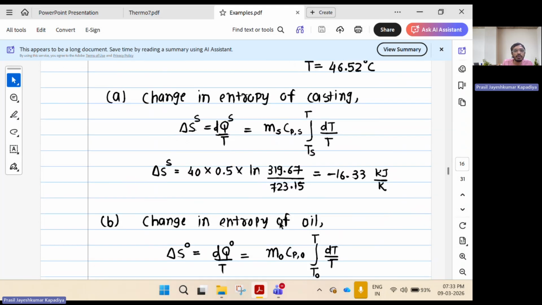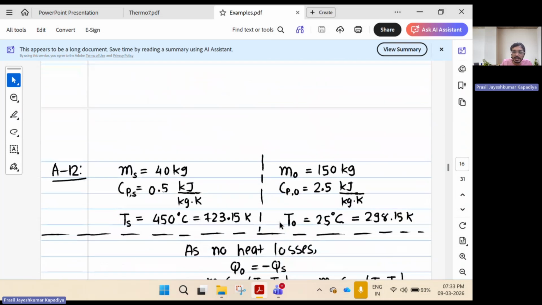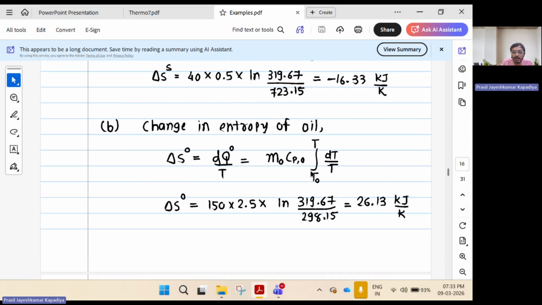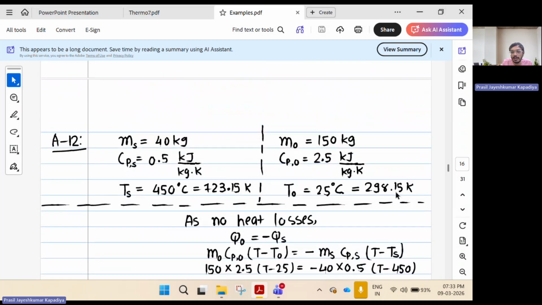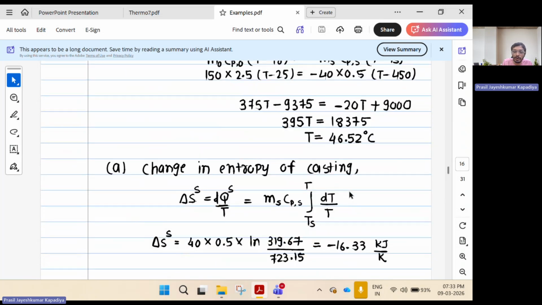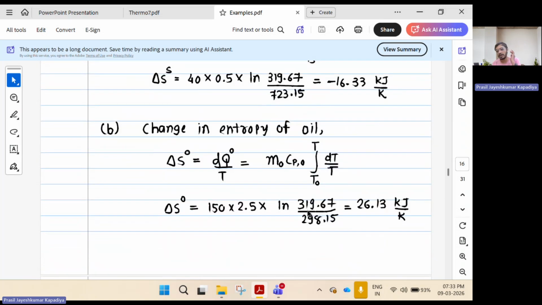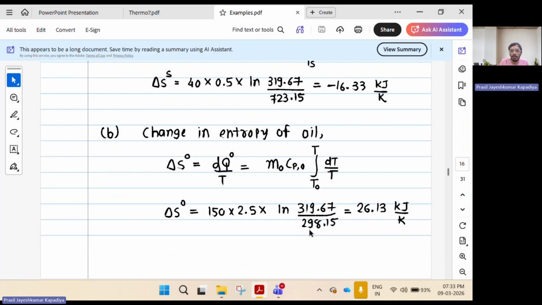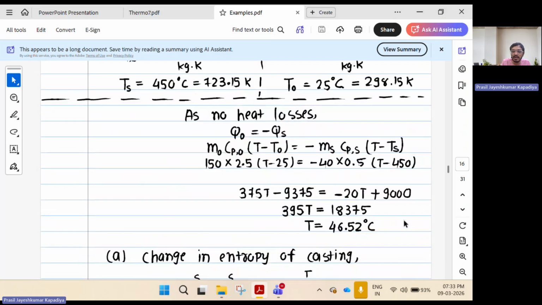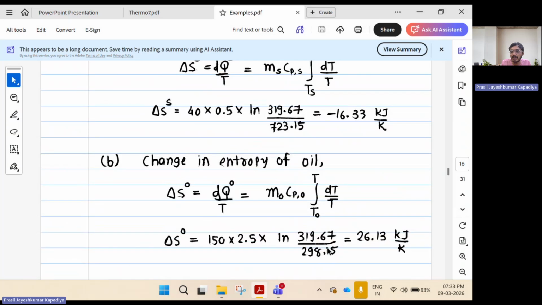Mass of oil given to us is 150 kg, Cp of oil is 2.5 kilojoules per kg Kelvin, and ln of the temperature 319.67, that we converted into Kelvin, divided by T0. T0 is the initial oil temperature, that is 298.15 Kelvin. If I put these numbers, I get 26.13 kilojoules per Kelvin.